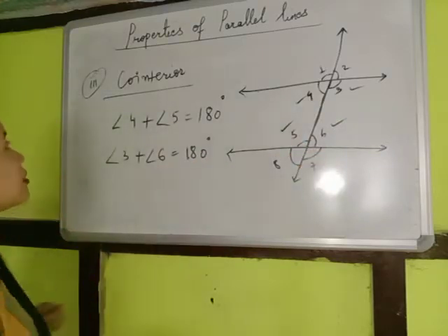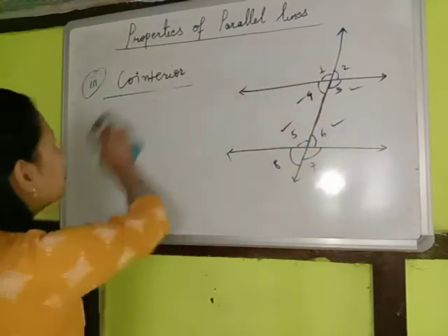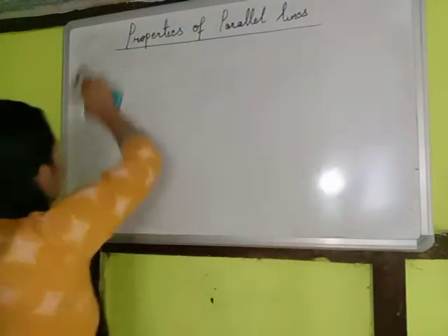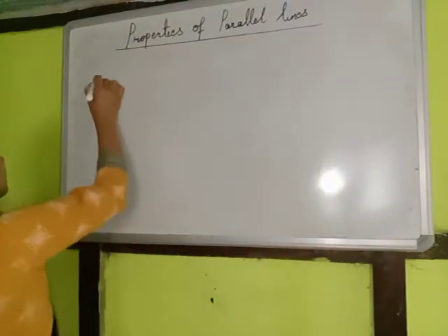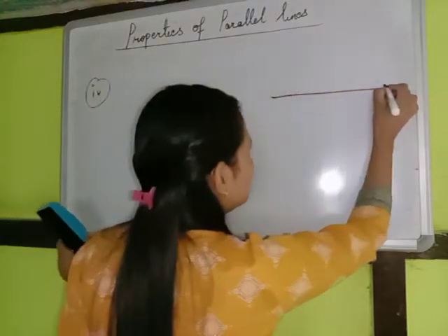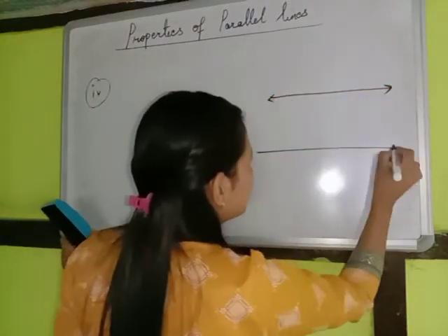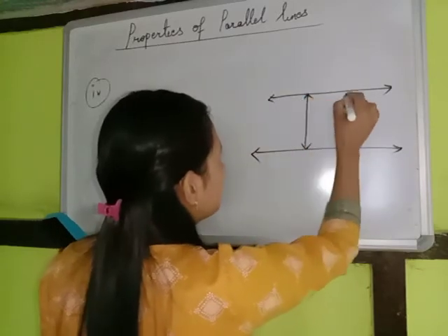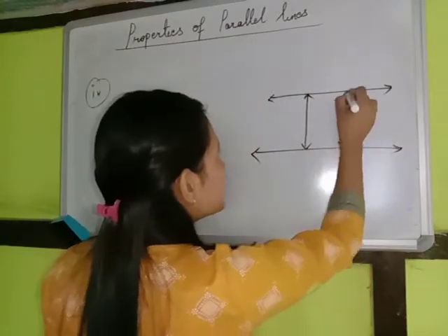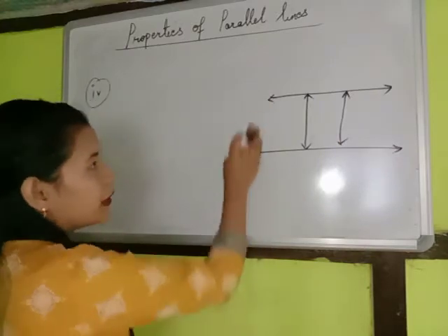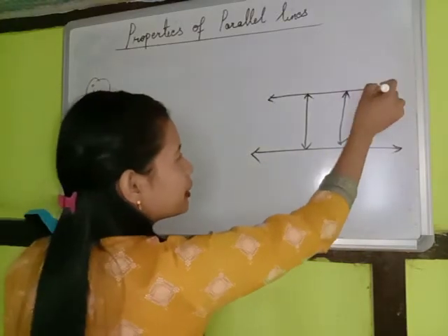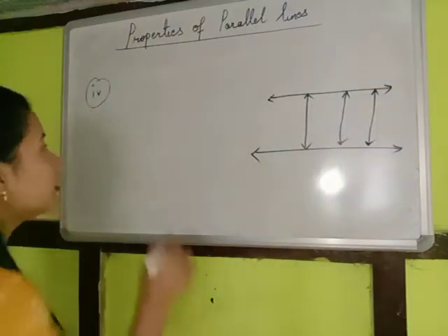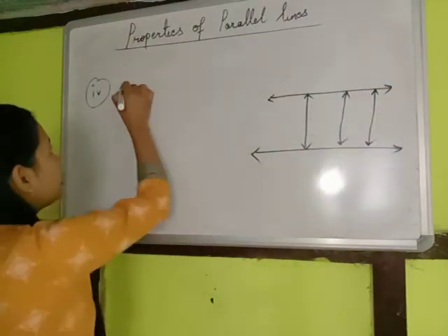This is the third property, and the last, the fourth property, tells us that the distance between two parallel lines is the same, meaning constant. If we have two parallel lines, then at any point the distance between these two lines is always the same.